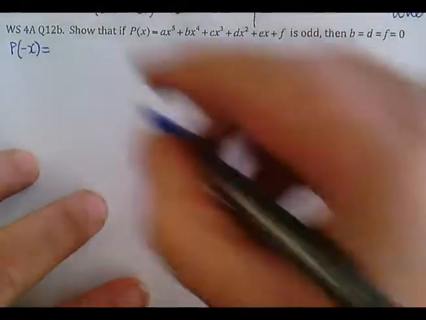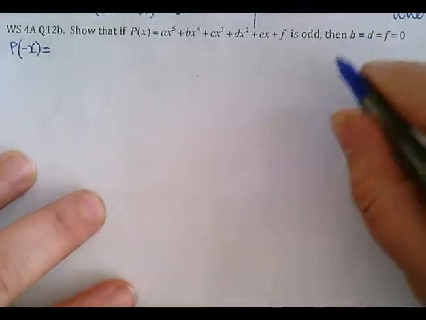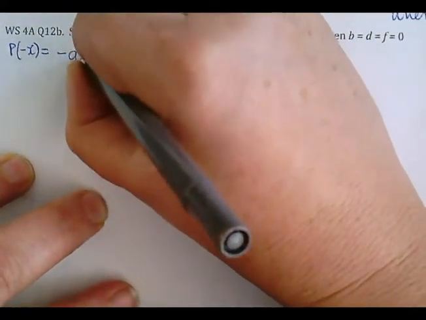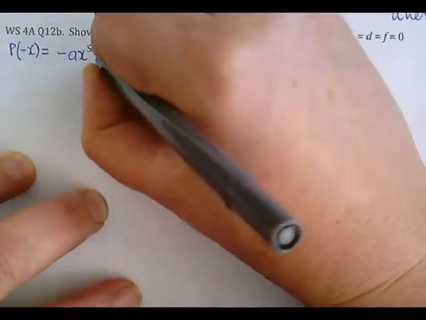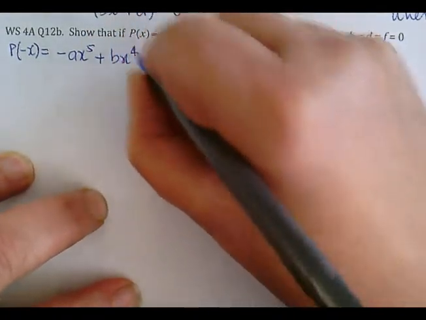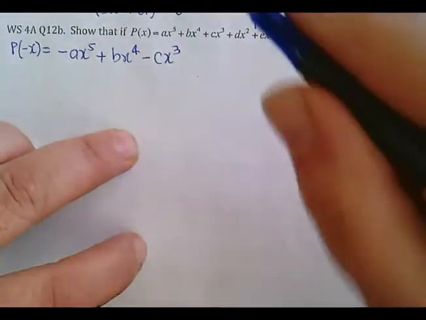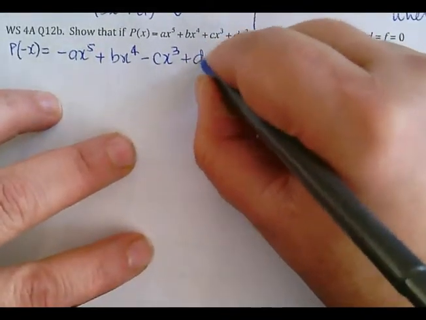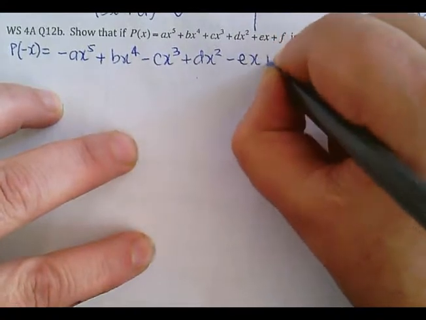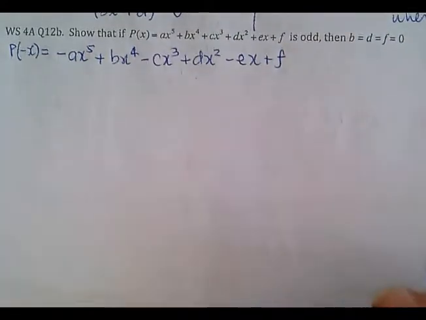Let's just do P of negative x. Can we just put what it's going to be? What's it going to be? Negative ax to the 5. Won't this one still be plus bx to the 4, minus cx cubed? Yes or no? Because I'd substitute, plus dx squared minus ex plus f. That's what P of negative x is.